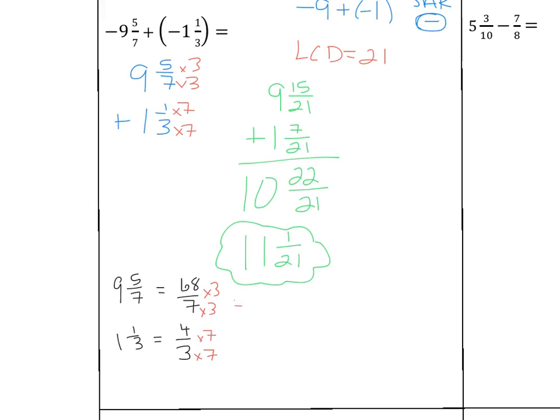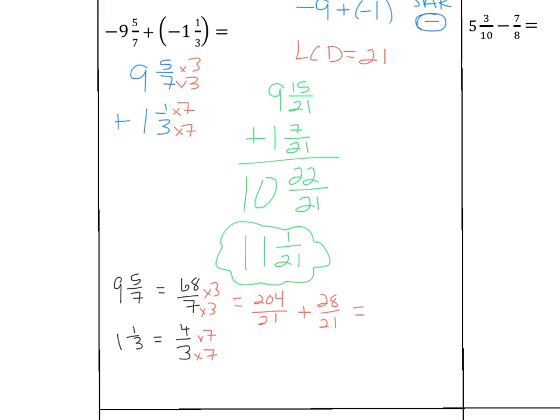leaving you with 68 times 3. That's going to be a big one. So again, these improper fractions give you some pretty big numbers. So that's 204 over 21. Remember, I'm adding, and I'm going to have 28 over 21. So all I've done is taken this and just kind of put it over there. And I'm going to add those together.